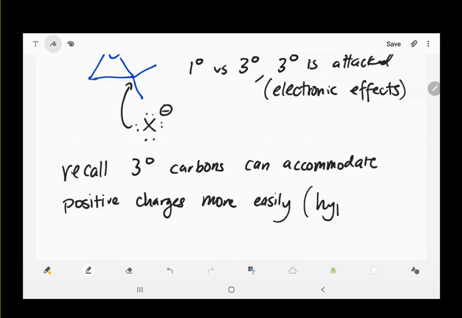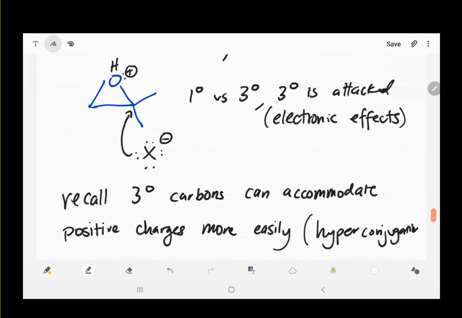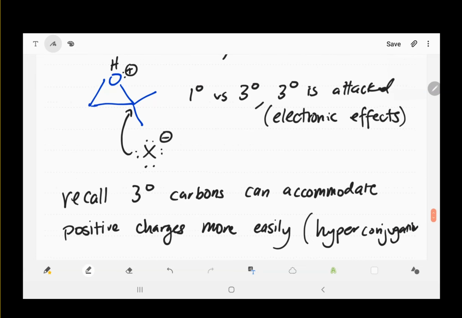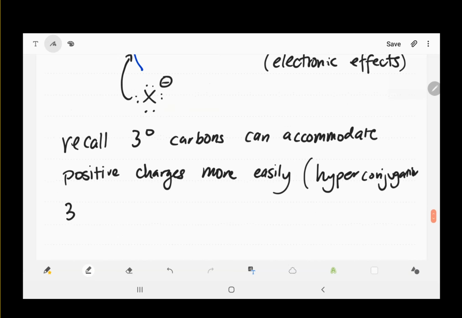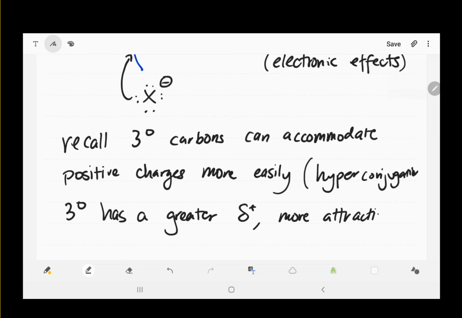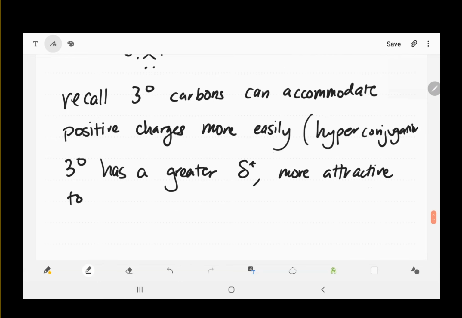And that's due to hyperconjugation, right? So, as a result, that carbon on the right, the tertiary one, has a greater partially positive charge, and therefore is more attractive to the nucleophile.